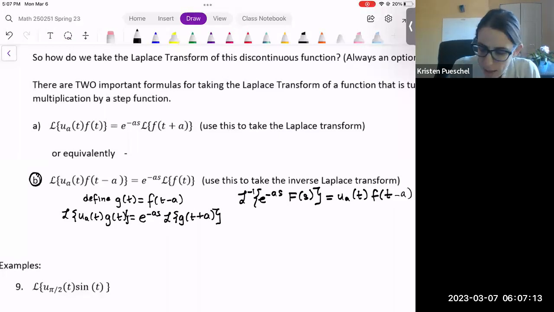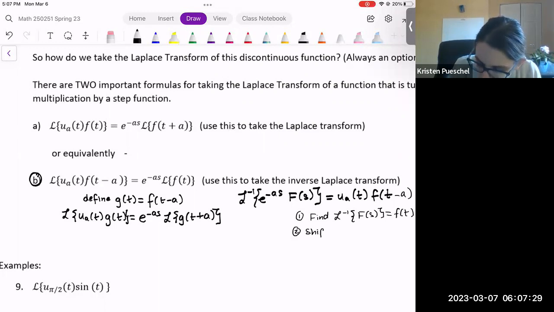Okay, so we're going to first find the inverse Laplace transform of F of s, which is f of t. Then we're going to shift f right by a, and multiply by the step function.